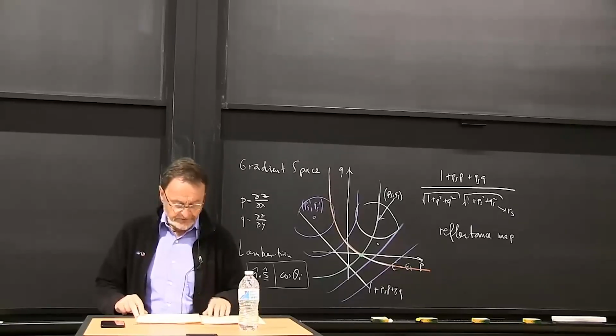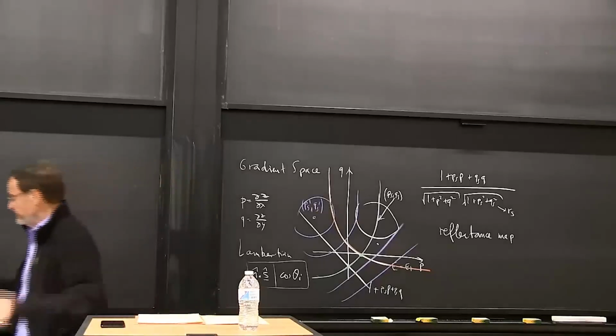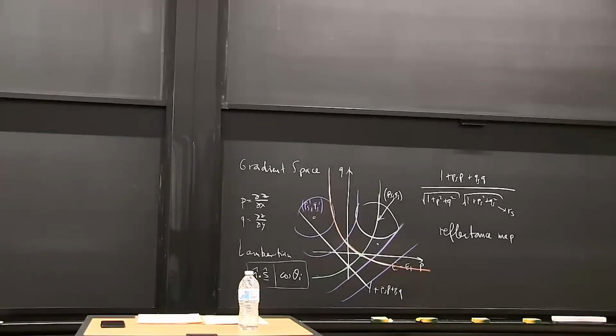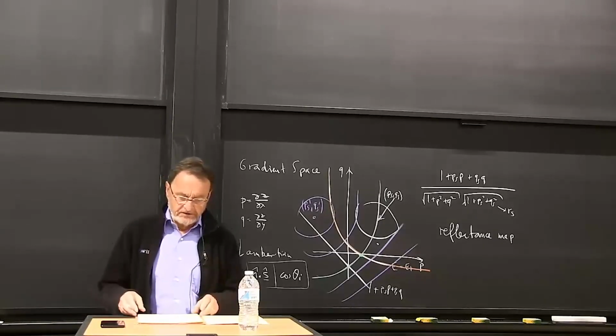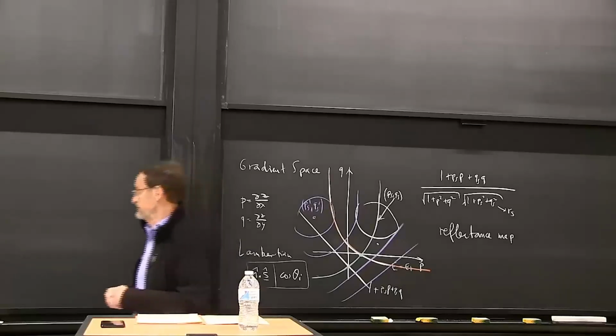Okay, now we talked a lot about Lambertian surfaces, and that's mostly because they allow us to write down equations and solve them. But real surfaces aren't perfectly Lambertian, and some are dramatically non-Lambertian. So what do we do in that case?